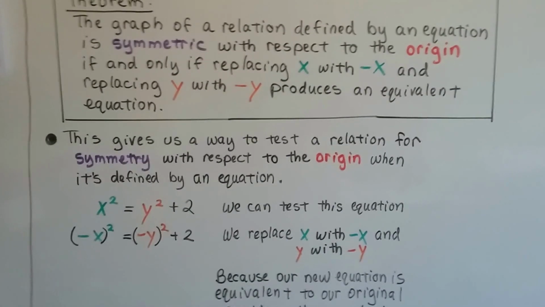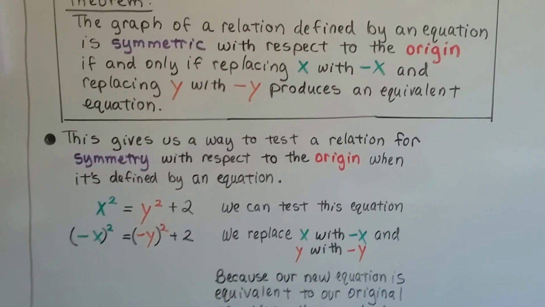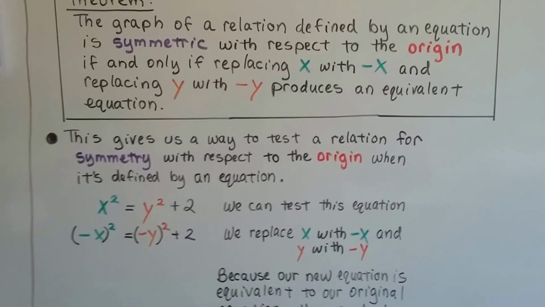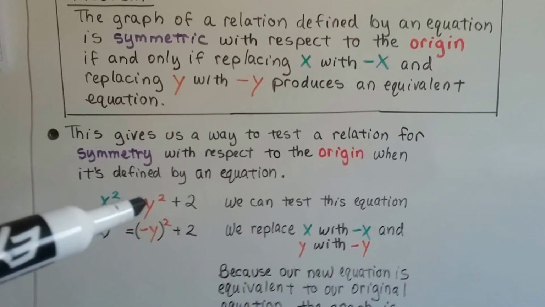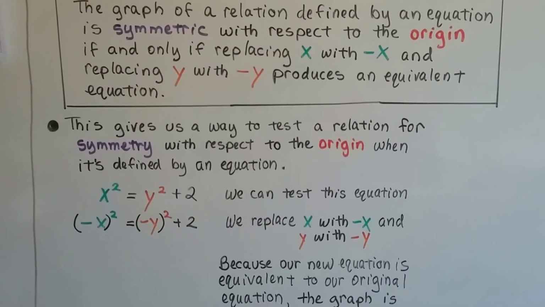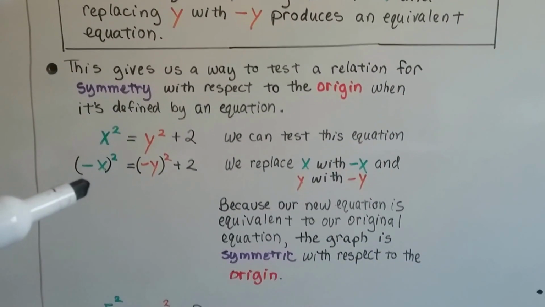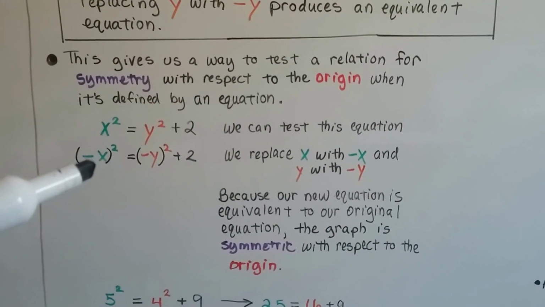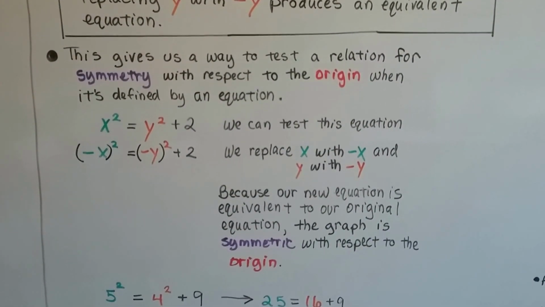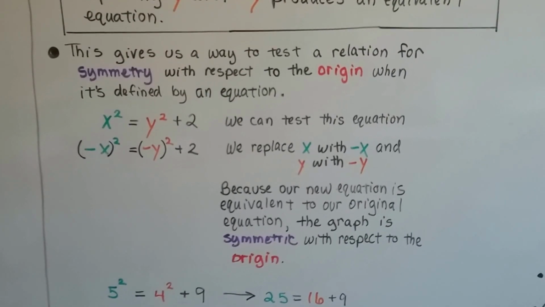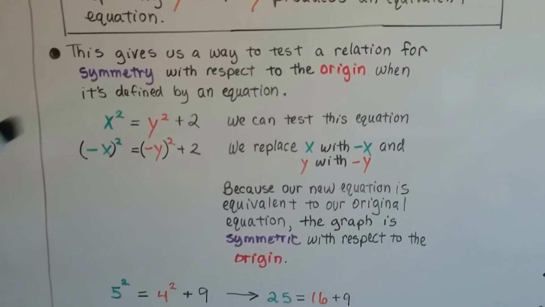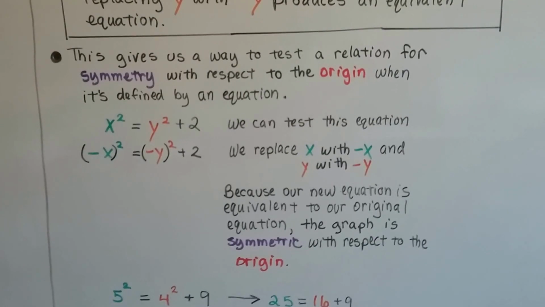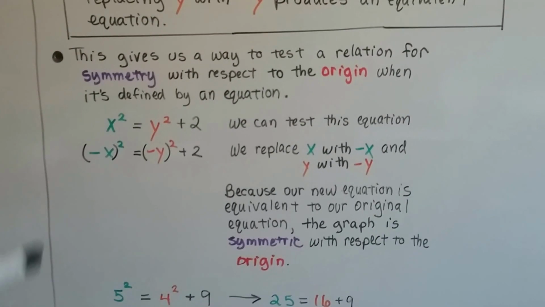This gives us a way to test a relation for symmetry with respect to the origin when it's defined by an equation. If we have x squared equals y squared plus 2, we can test this equation. We could put in the inverse of x and the inverse of y, and because our new equation is equivalent to our original equation, the graph would be symmetric with respect to the origin, because it's equivalent.